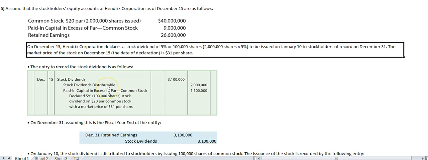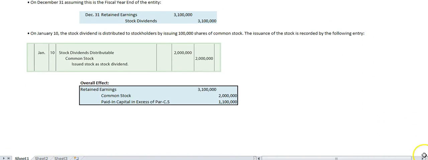Stock dividends distributable, that'll become common stock. And paid in capital excess of par, common stock 1.1. This one stays. This one they put as is. Okay? So if you look at this December 15th transaction, that's what you do. This is eventually what that will become.